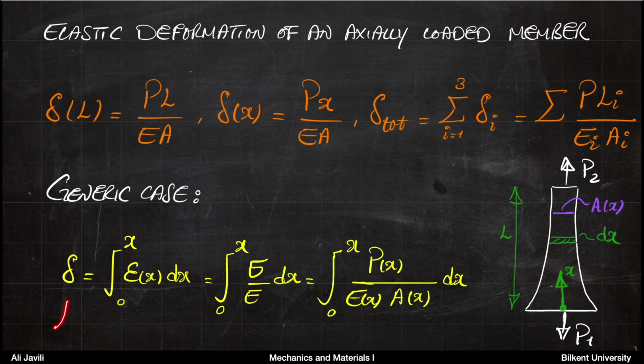So we would say delta from, let's say, bottom 0 to any length x is the integral of strain over the length. Okay, so assuming that you have that, then for strain you can put sigma divided by E, and then for sigma you would put P divided by A, but now you only remember that P itself, E itself, and A can all be functions of x.